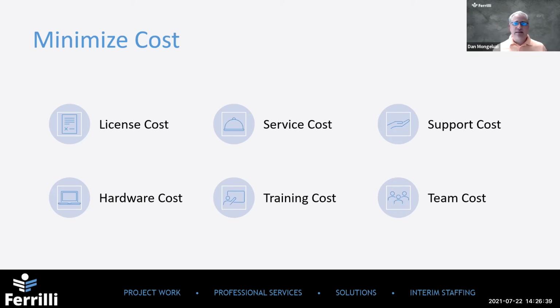Maybe this system is not functioning for us. Or maybe you're doing it outside of the system and you should be doing it inside the system. So the team cost, what it takes to operate that system, needs to be evaluated and considered when making decisions.